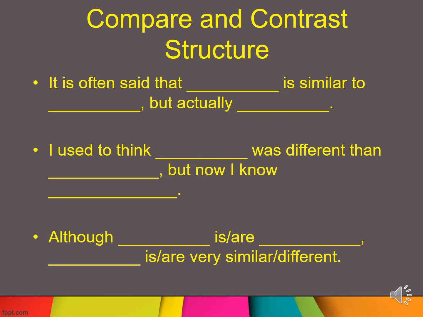Or although blank is blank, blank is very similar. Notice the specific word choice in these stems that indicate comparing and contrasting to the reader. Similar, different, and I used to think, but now I think. Other words include alike, unalike, both, however, but, and than.